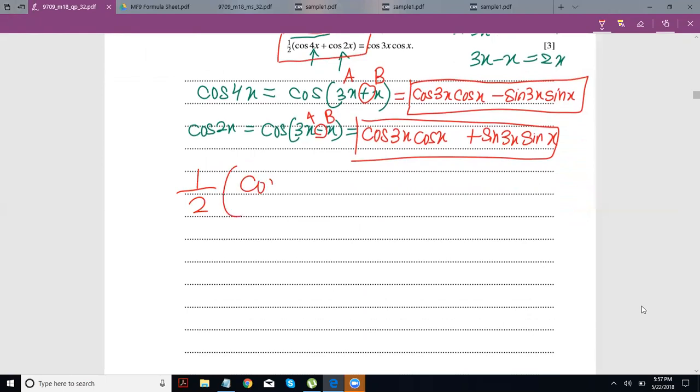Now you will have cos 3x cos x minus sin 3x sin x.